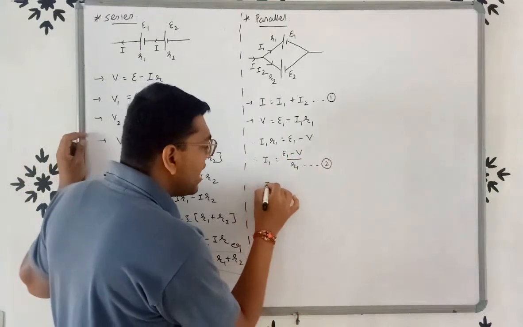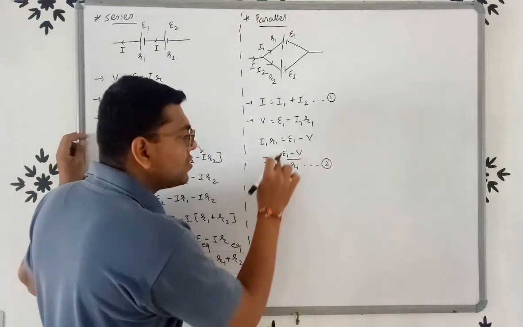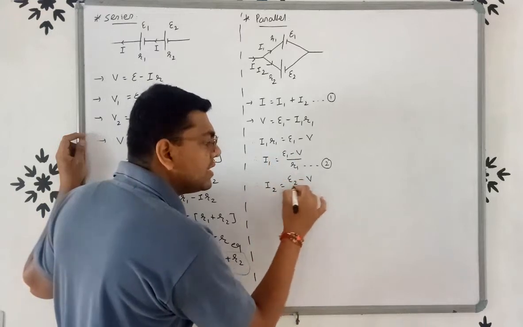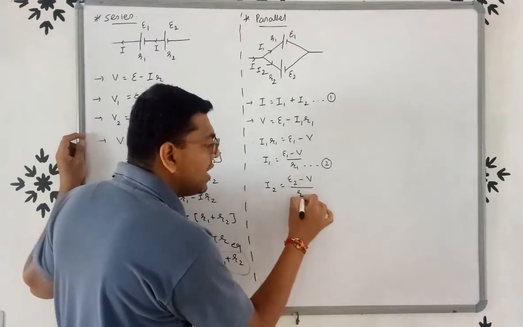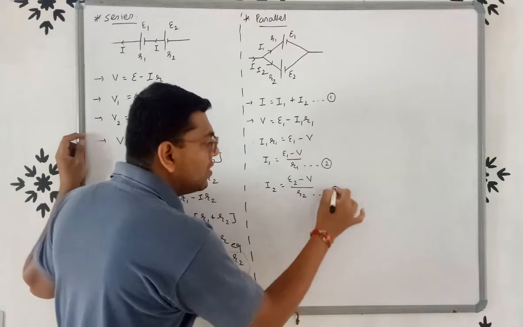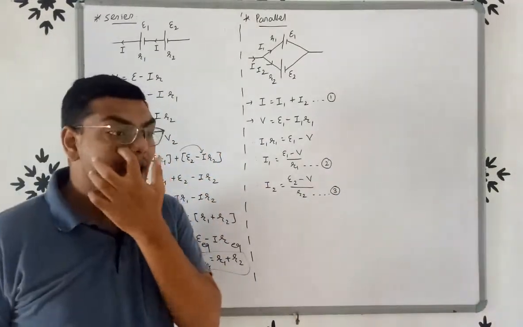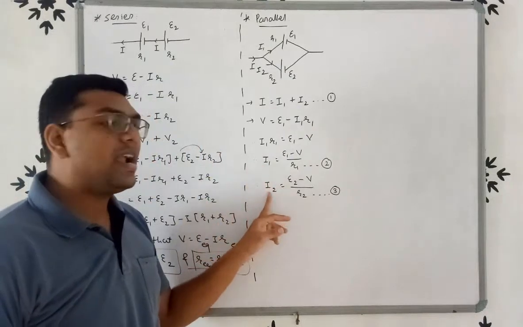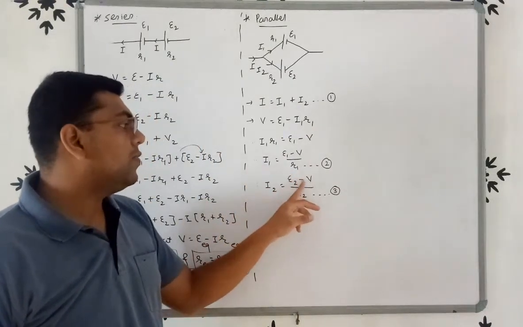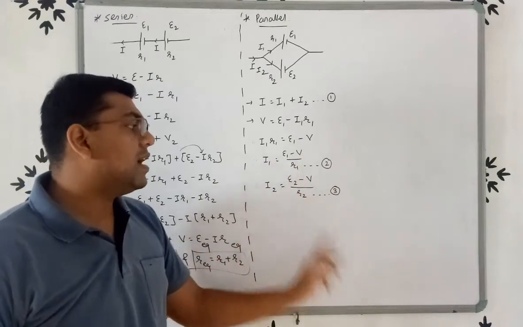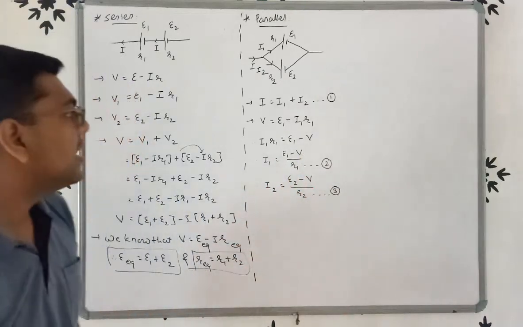In the same way we can write I2. So I2 is equal to E2 minus V upon R2: instead of E1 we write E2, V is constant, and instead of R1 we write R2. Right?